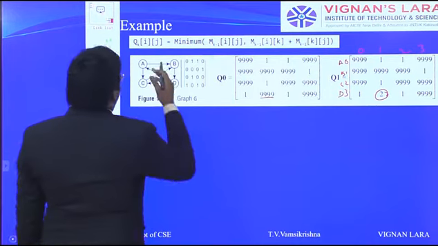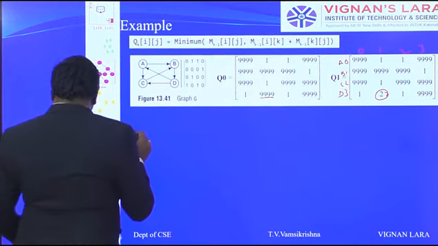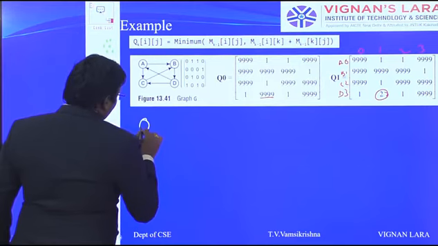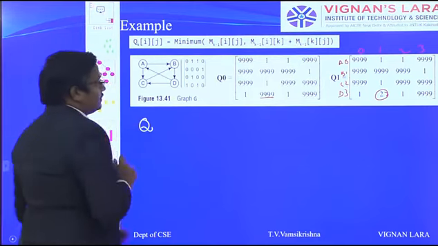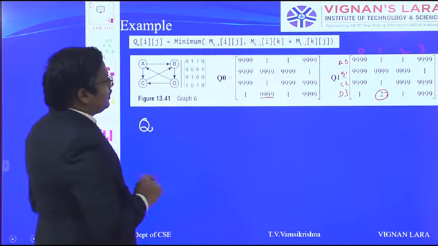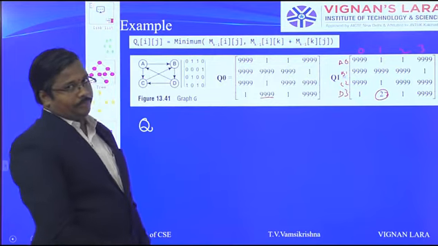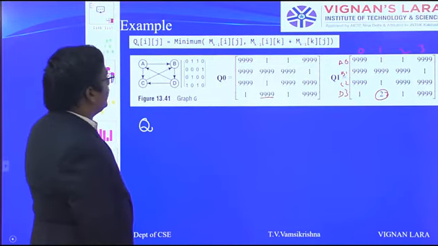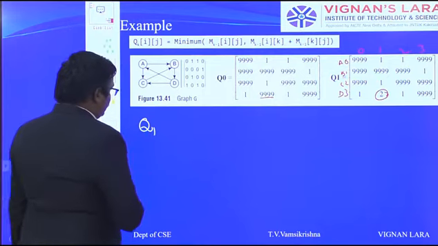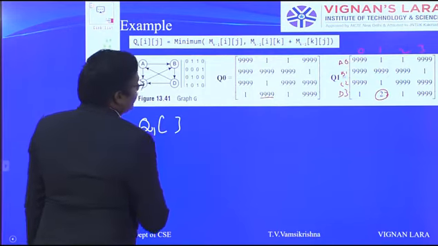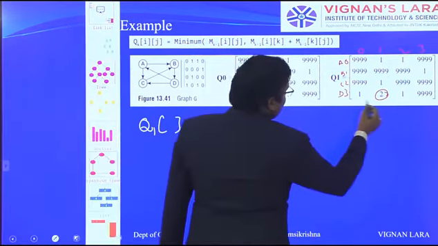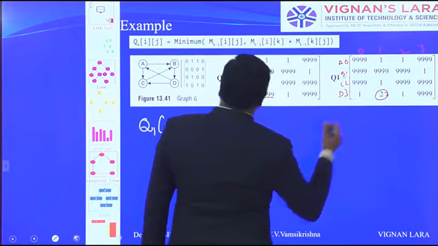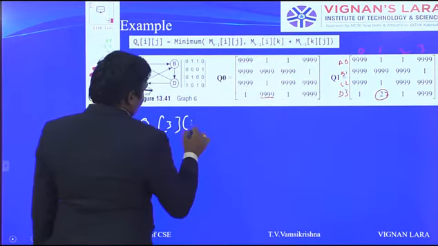So first applying the formula. K value is right now 1. So Q1 of ij, where the I value is 3 and the J value is 1, so 3, 1.